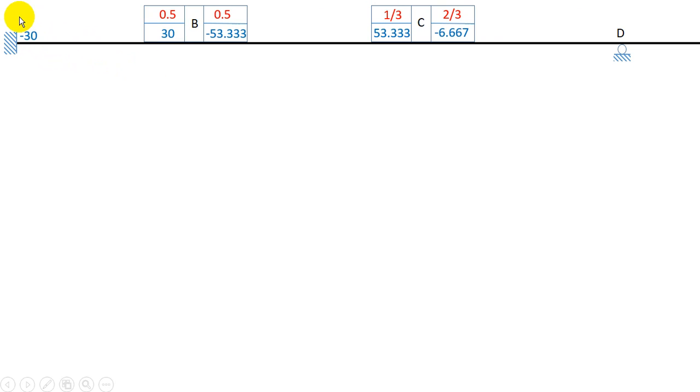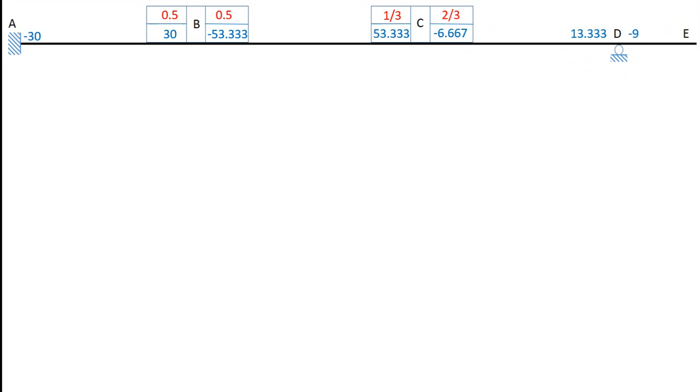So MFAB was minus 30, MFBA plus 30, MFBC minus 53.333, MFCB plus 53.333, MFCD is minus 6.667, MFDC is plus 13.333 and MFDE is minus 9.